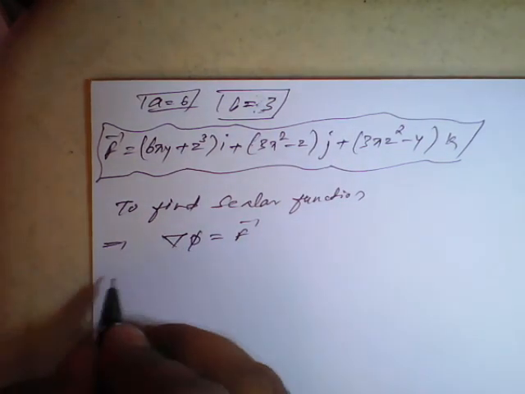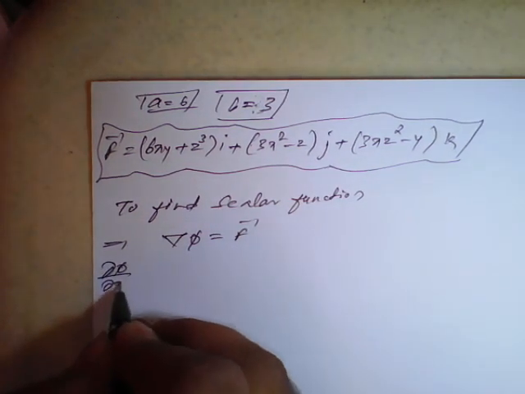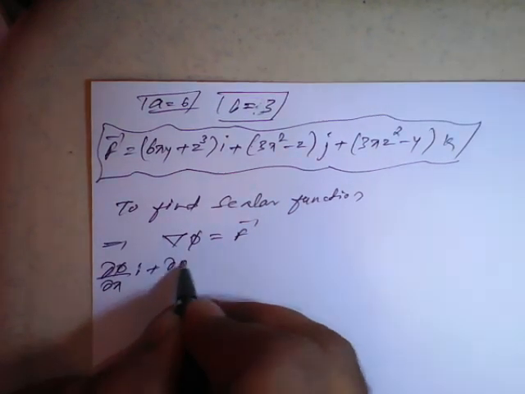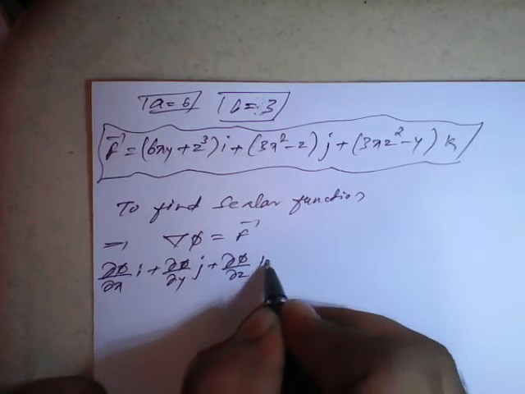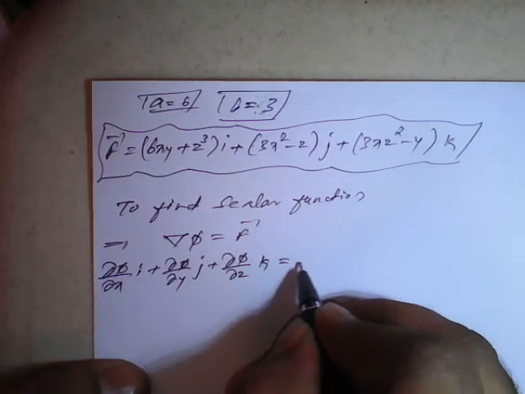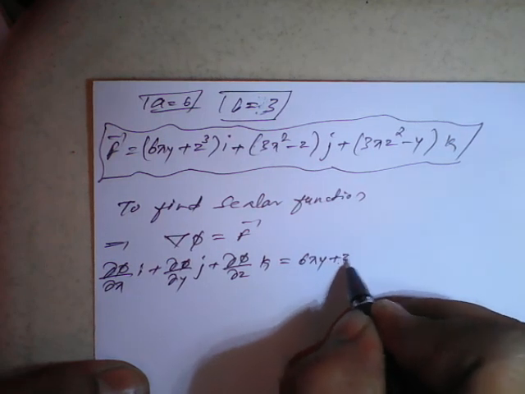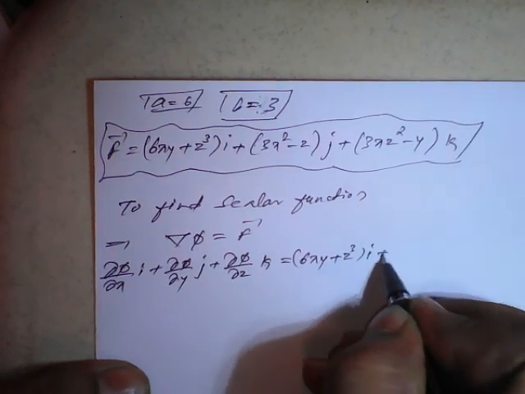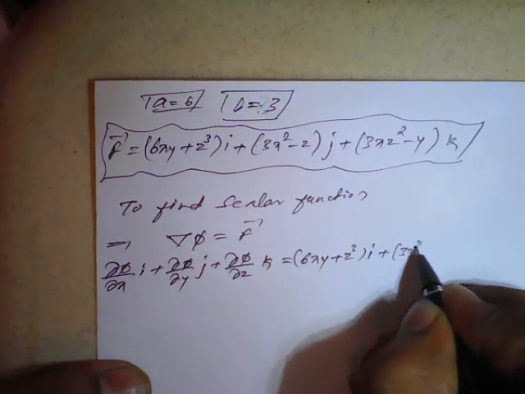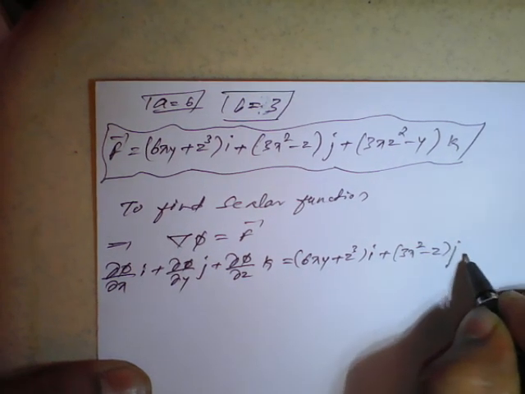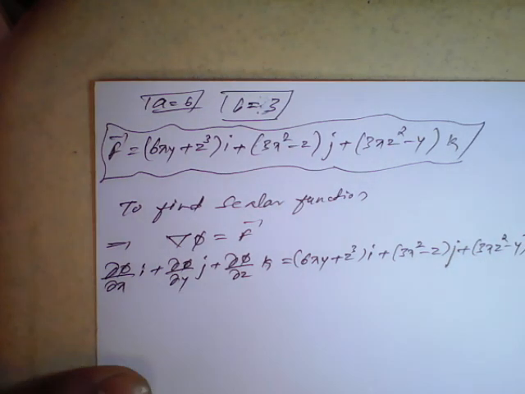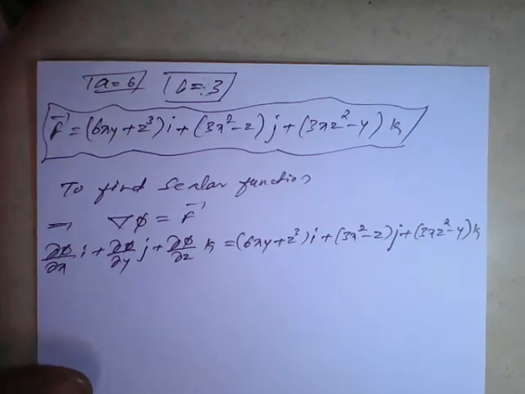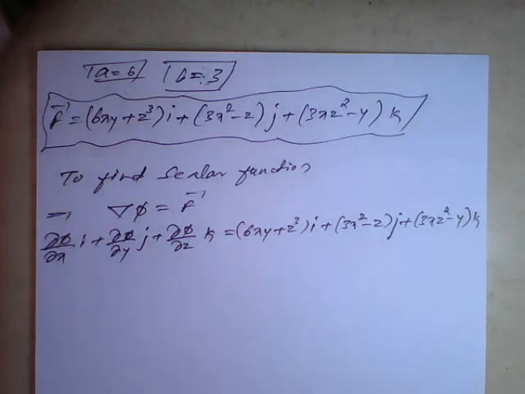So we know that del phi is nothing but dou phi by dou x of i plus dou phi by dou y of j plus dou phi by dou z of k is equal to vector f, which is (6xy plus z cube) of i plus (3x square minus z) of j plus (3xz square minus y) of k. Okay, so once we write the value of del phi and vector f, we need to equate both sides.